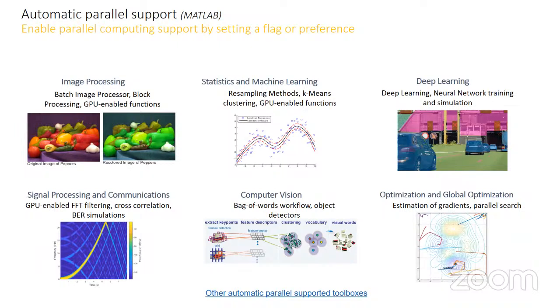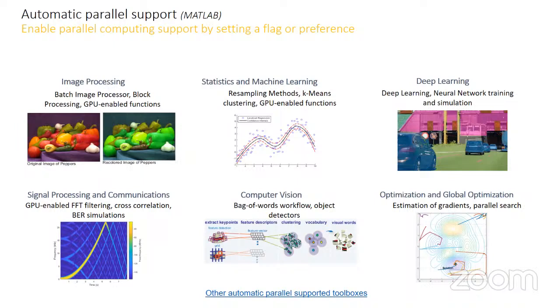Similarly, for signal processing, like for speech recognition technique or voice recognition technique, at that time, GPU enabled fast Fourier transformation, filtering, cross correlation or Monte Carlo simulation. So these are basically the application areas.